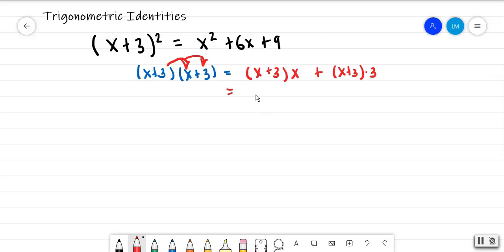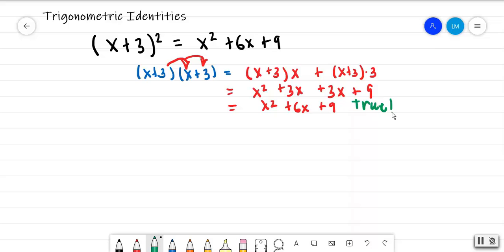So this would give us x^2 + 3x + 3x + 9, but that's the same thing as x^2 + 6x + 9. So in this sense, we know that this in fact is definitely a true statement.